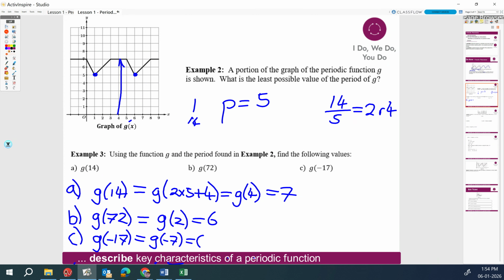I can add 5 to it, g of minus 2. I can add 5 to it, g of 3. All of these points will be the same. So you can just bring it closer and closer until you get it into the interval that you want. Once we have g of 3, we can read it off. This is going to be 7. Using that technique now, have a go at this question for yourself.